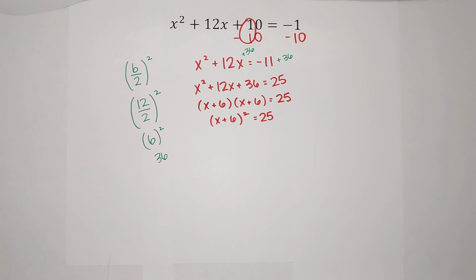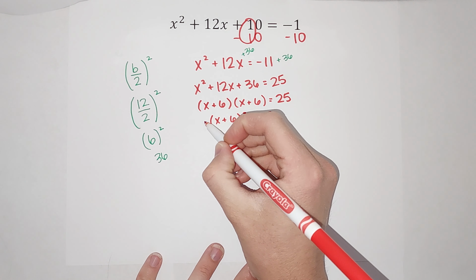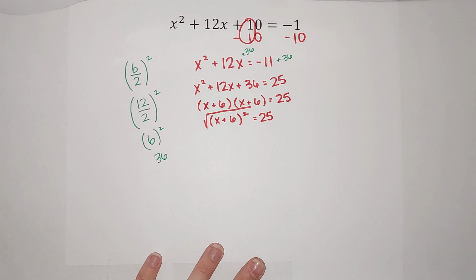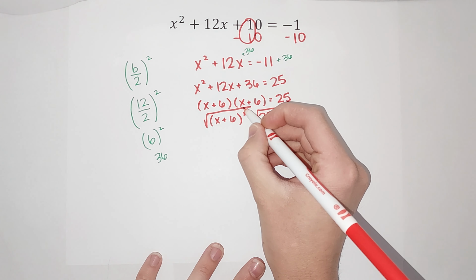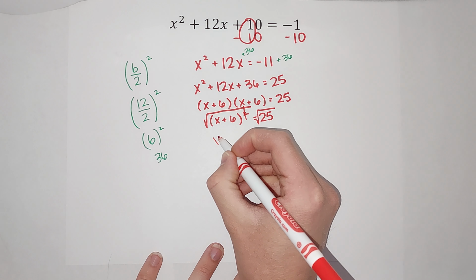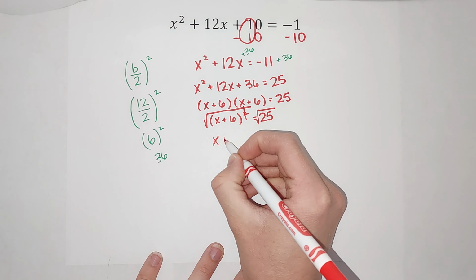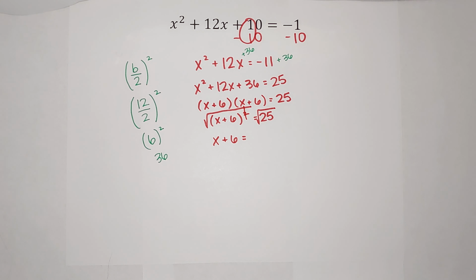Guys, we are so close to getting x alone, which is our whole goal here. So to get rid of the squared, I'm going to take the square root of this side. If I take it to this side, I got to take it to this side. So then those cancel and I end up with x plus 6 on this side equals the square root of 25 is 5.